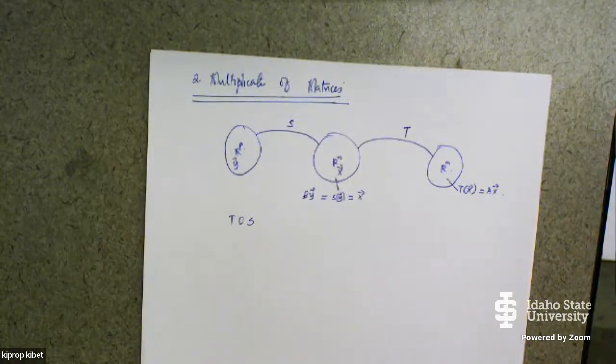It's a composite of this, which is B, this section, and this is A. Then when you multiply A and B, it is like composing T.